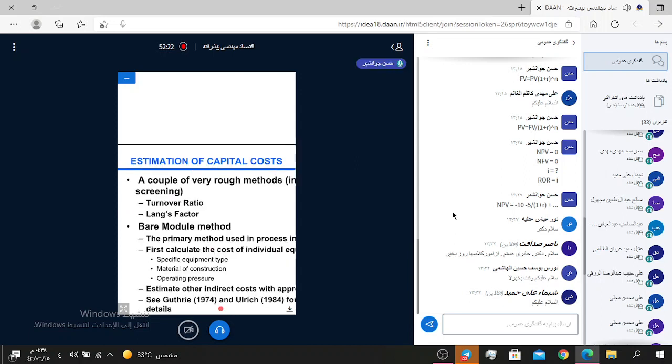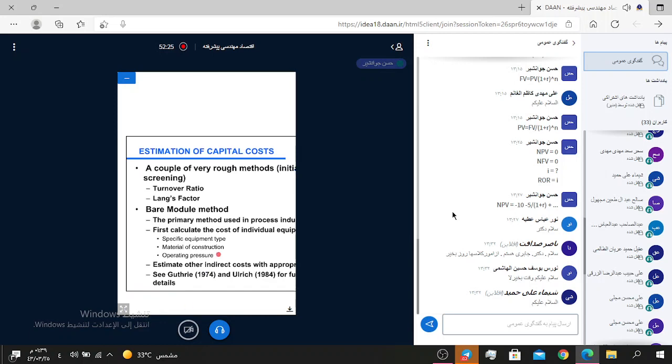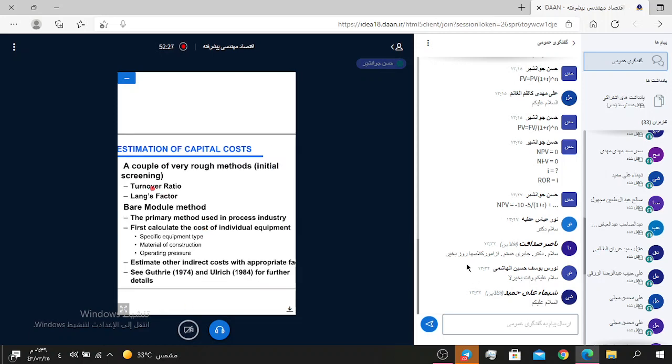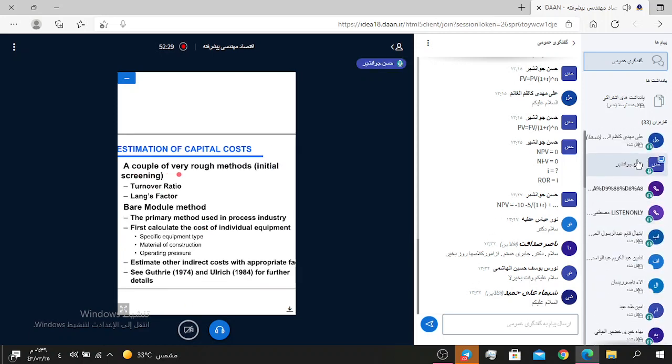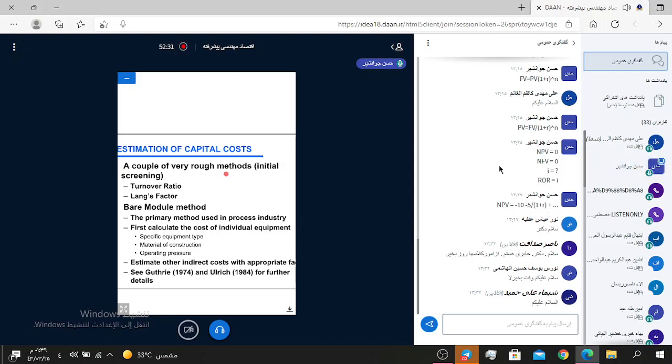Estimate of capital costs. A couple of very raw methods: initial screening, rate, length factor.